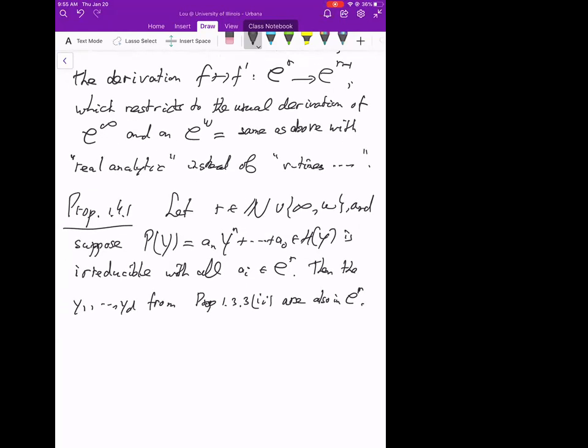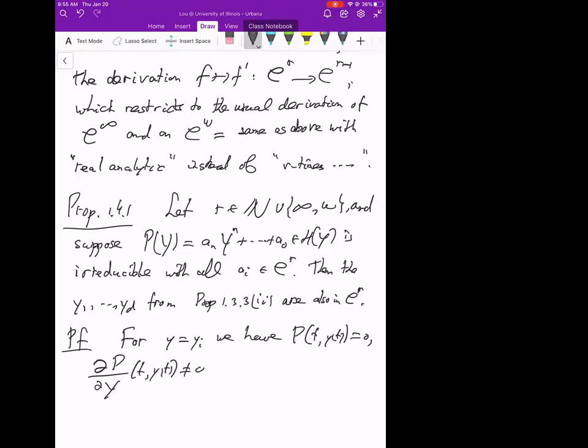And this is basically the implicit function theorem. For y equals y_i we have P(t, y(t)) = 0 and the partial derivative of P with respect to y at (t, y(t)) not 0 for big enough t, as we saw in part 1.